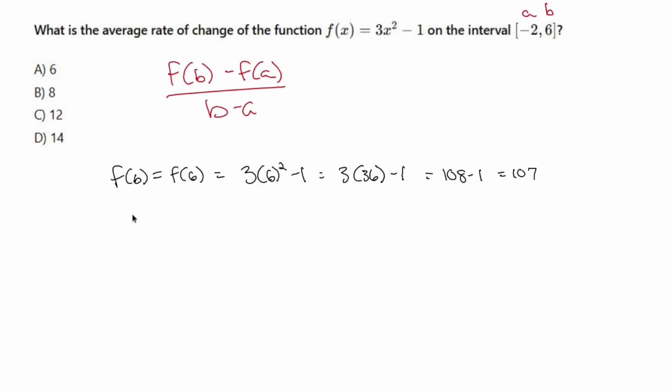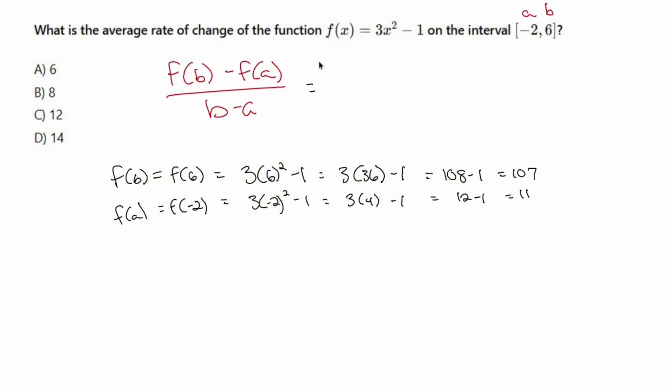Now I can find f(a) by doing the same thing, but plugging in -2. So f(-2) is going to be 3 times, that's a 4, I was working ahead in my brain. 3 times (-2)² - 1, which is 3 times 4 - 1, which is 12 - 1, which is 11.